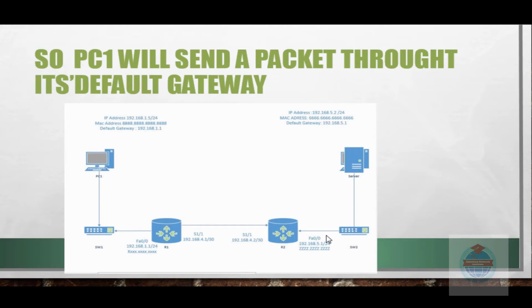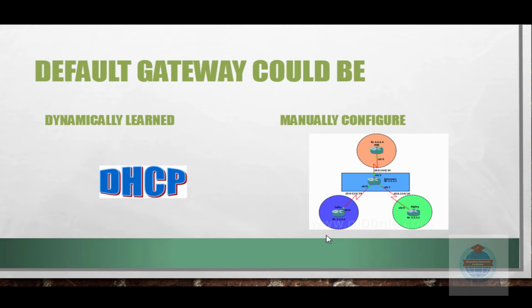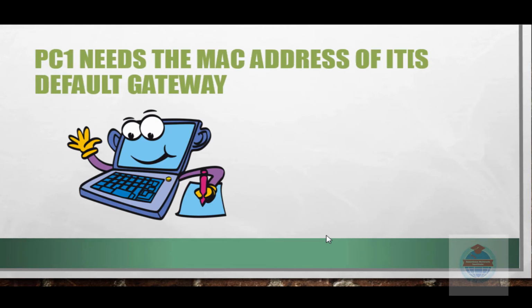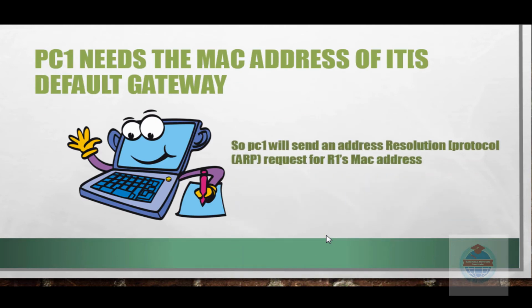So, PC1 will send a packet through its default gateway, and the default gateway is learned dynamically through the DHCP, the dynamic host configuration protocol, or we are going to assign that manually. Remember that we can do that through the network section of our computer. PC1 needs the MAC address of the default gateway, so PC1 will send an Address Resolution Protocol request to the R1 MAC address.